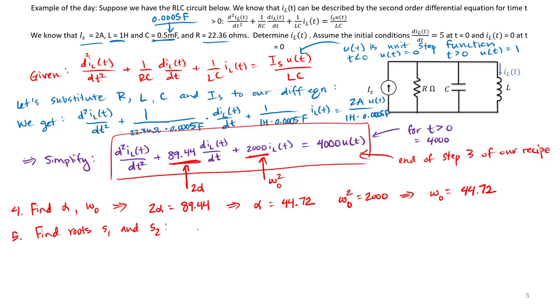And here we determine S1 is negative alpha plus the square root of alpha squared minus omega naught squared. S2 is negative alpha minus the square root.